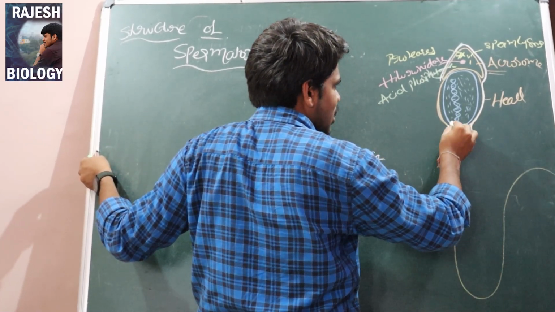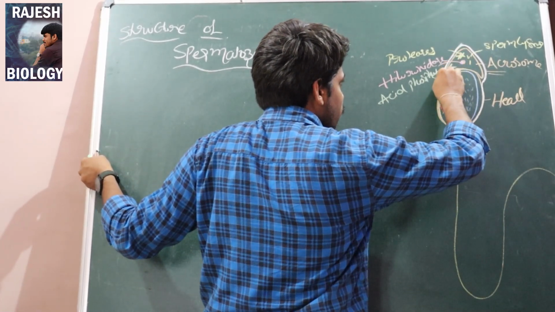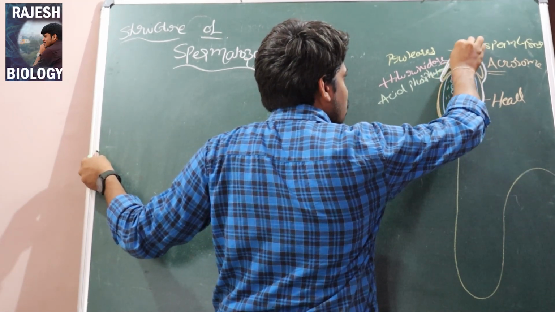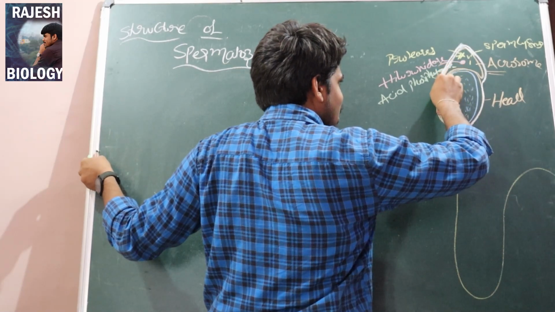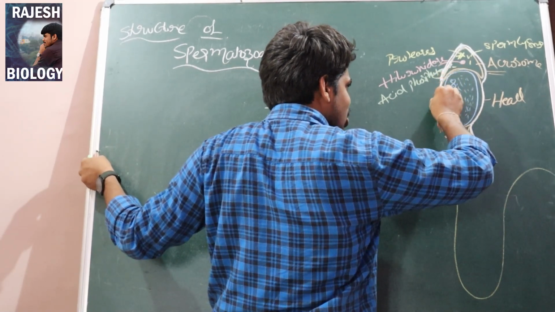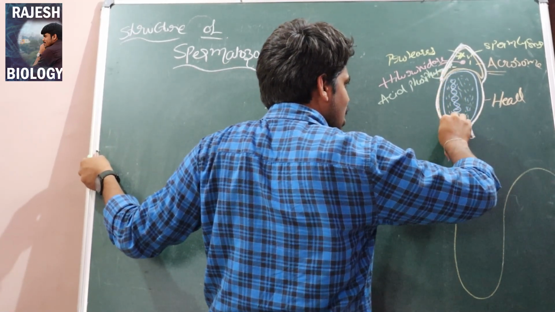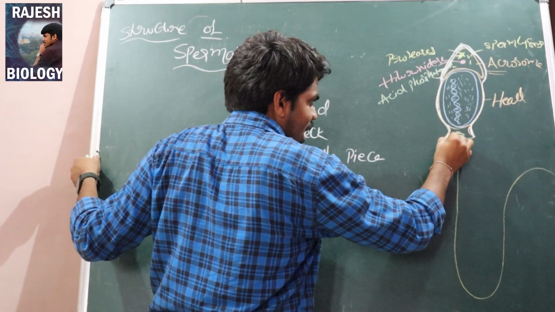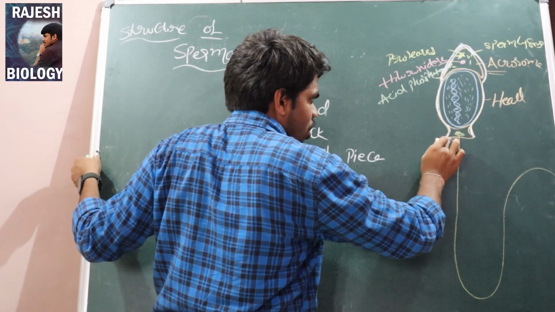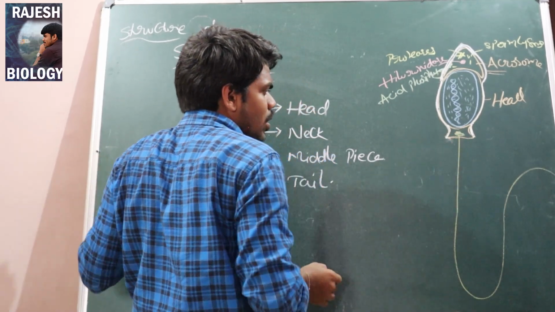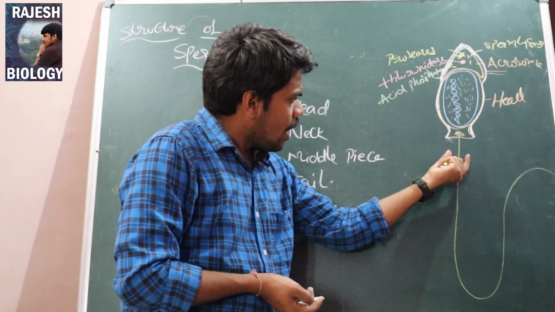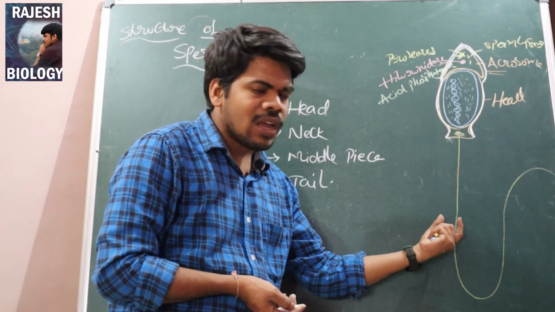The acrosome's outer membrane is also plasma membrane. So all these structures, the head, the acrosome, the neck, and even the axial filament are covered by the plasma membrane. Later I'll discuss this plasma membrane and the tail.